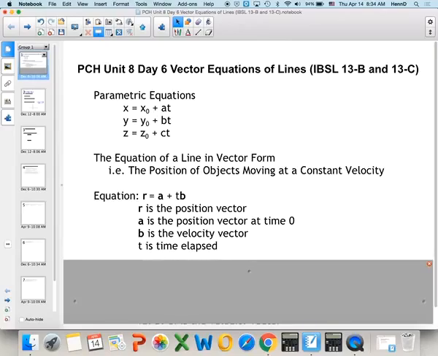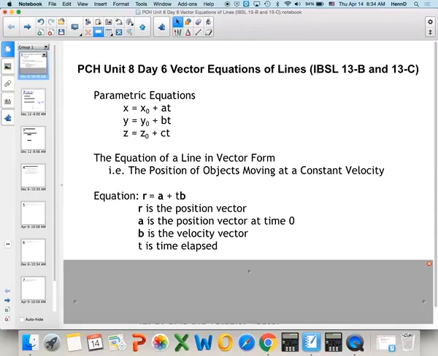We have the vector r, which is commonly used as our position vector, equals a plus t times b. Here, a is the position vector at time 0, b is the velocity vector, and t is our time elapsed.